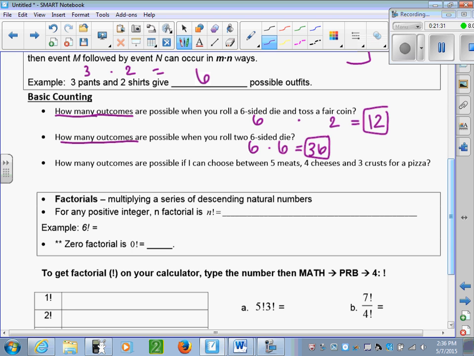How many outcomes are possible if I can choose between 5 meats, 4 cheeses, and 3 crusts for a pizza? Well, I have 5 options for meats, 4 options for cheese, and 3 crusts. So multiply them all times each other, and that gives me 60. So I have 60 possible combinations for that pizza.